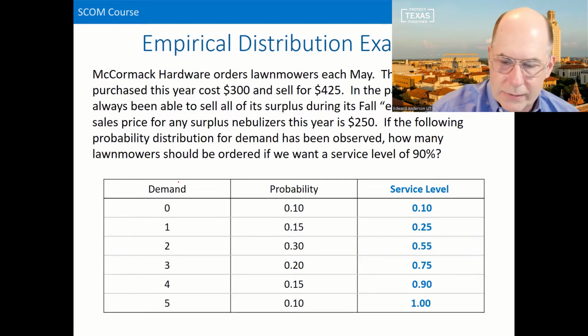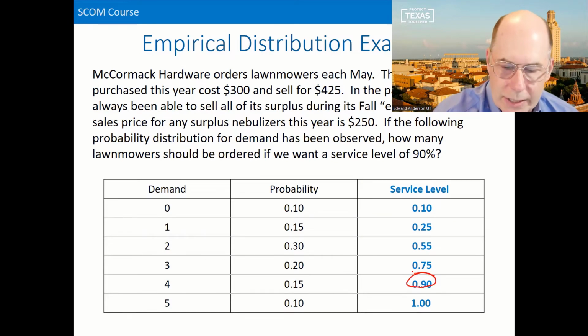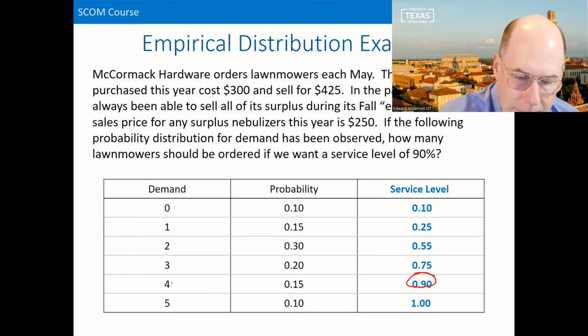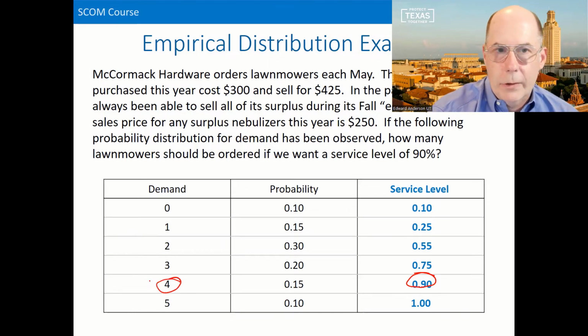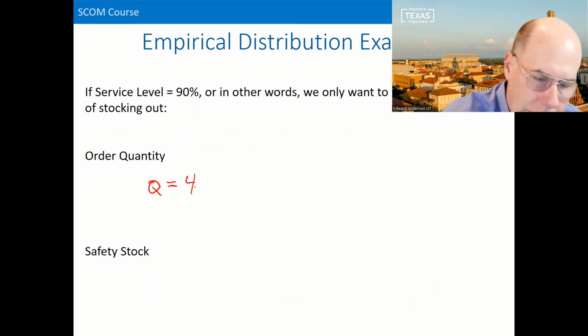If we look at the service levels for a given Q, we want 90%. We're going to need a service level of 90%. That corresponds to a demand of 4. So we've got to order 4 lawnmowers.